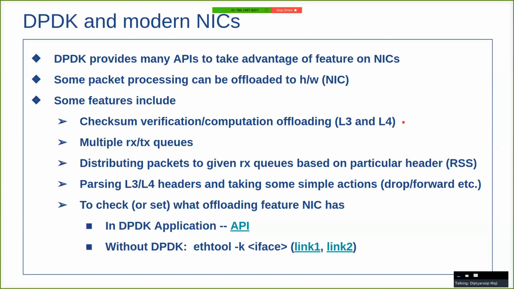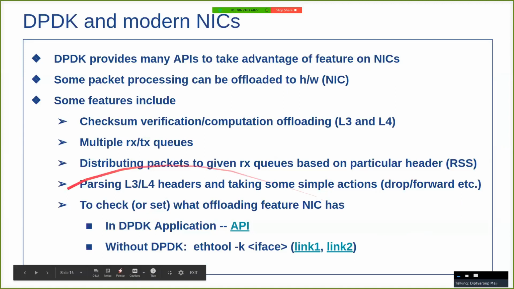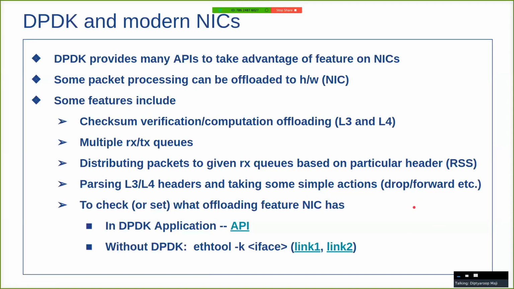So what we can do is offload this processing to the NIC. Similarly, we can distribute packets to given RX queues based on a particular header via RSS, parse IP or UDP headers, and take some simple actions in the NIC itself. Say, for example, we don't want to receive any packet coming from a specific IP.